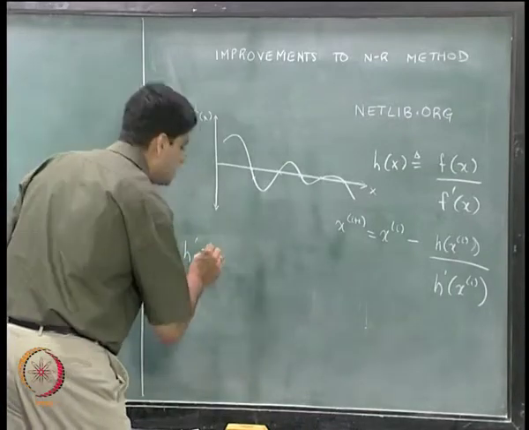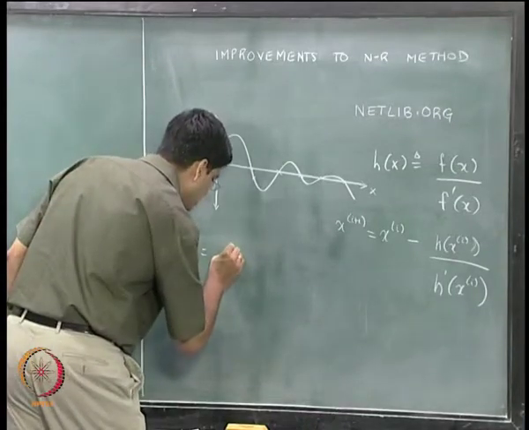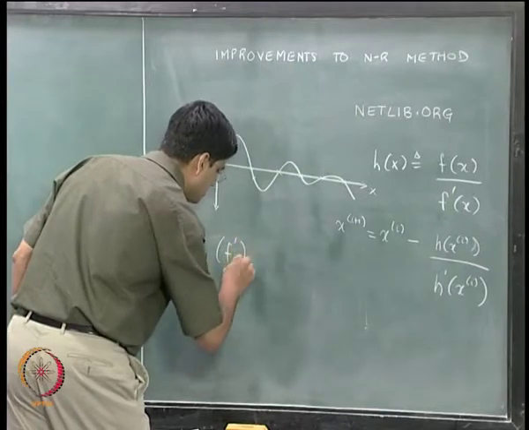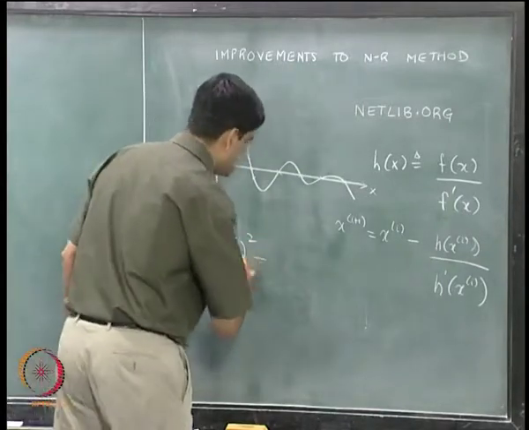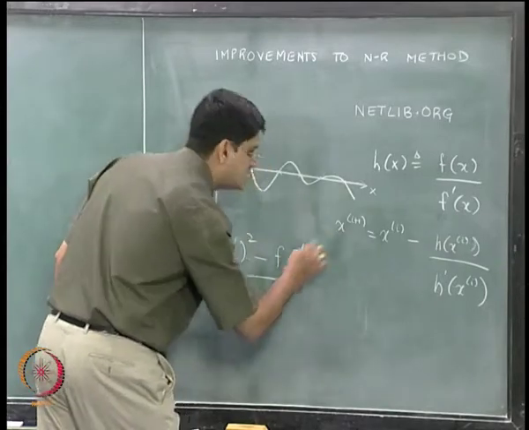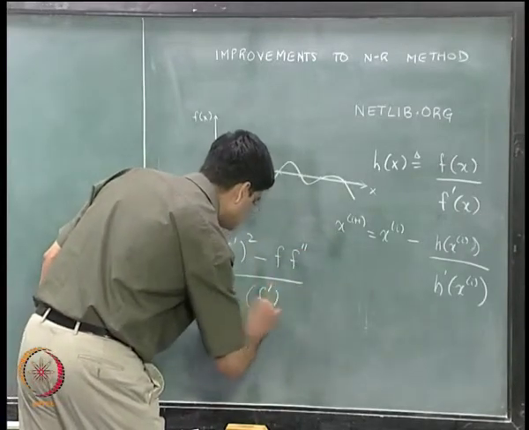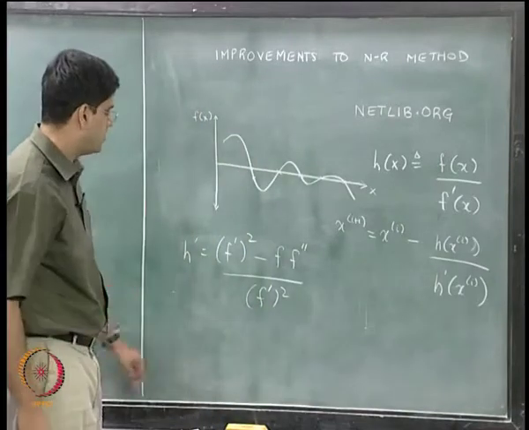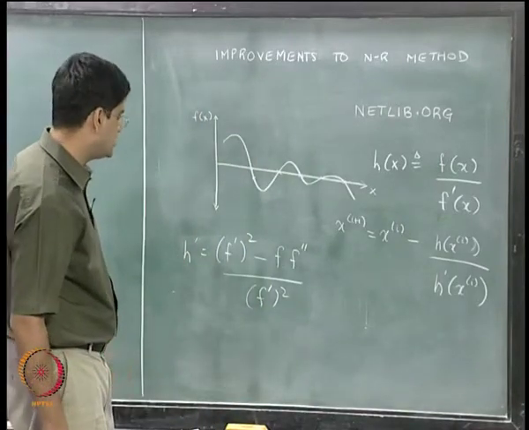Our h dash, as I said, is going to be f dash multiplied by f dash, which is f dash squared, minus f multiplied by f double dash, divided by f dash squared. This is what our h dash is going to be.